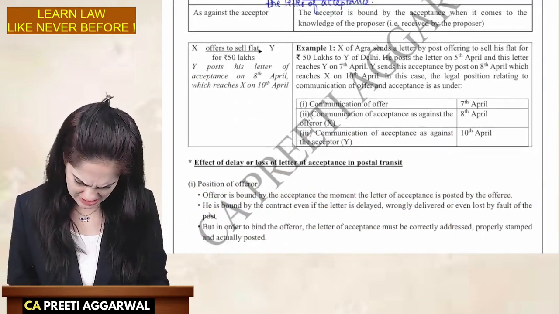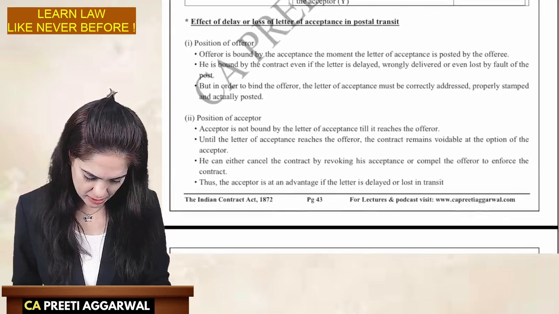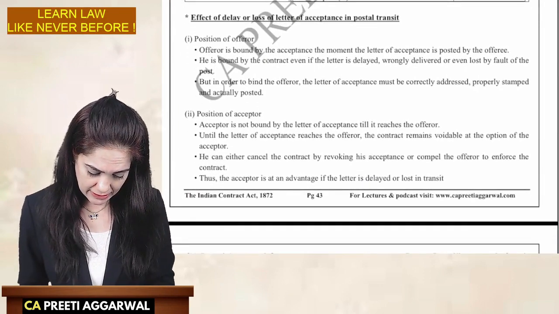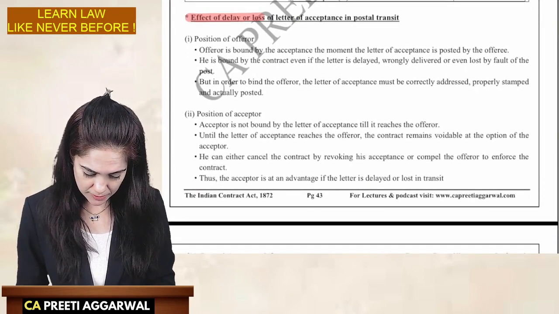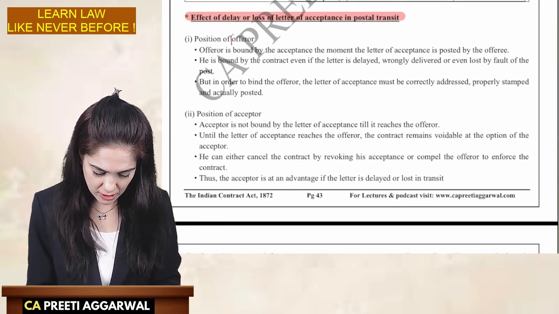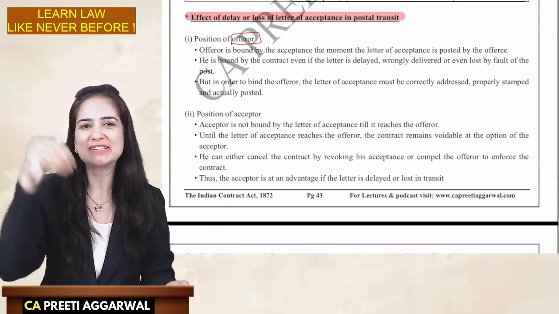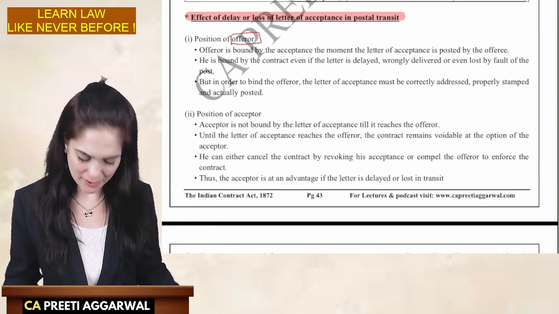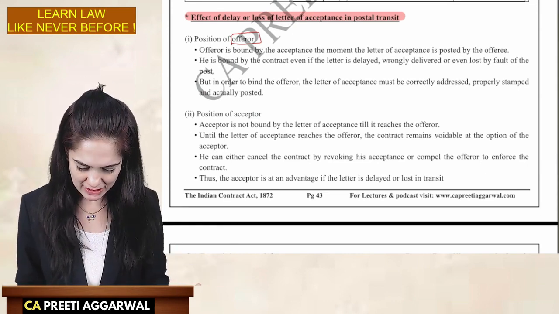This is the same example that we discussed. In case the letter gets lost or there is some delay, what is the position of the offerer? See, for the offerer, once the letter is posted, contract is made. So offerer is bound by the acceptance.